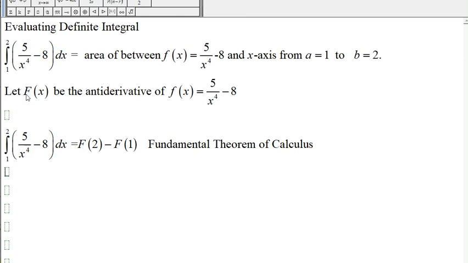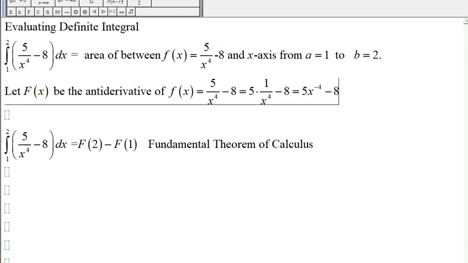And so before finding the antiderivative, let's go ahead and rewrite this. Recall that this is the same as 5 times 1 over x to the 4th minus 8. And so this becomes 5 times x to the negative 4 minus 8.